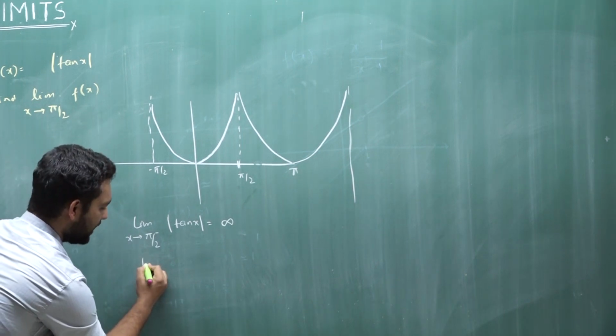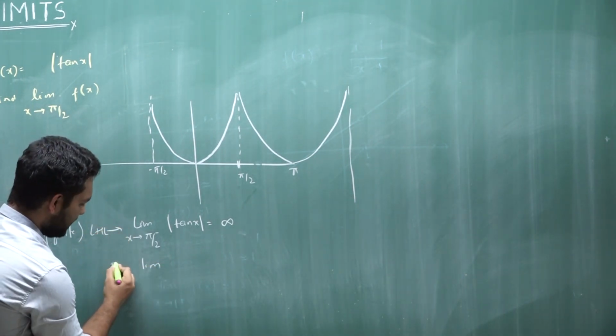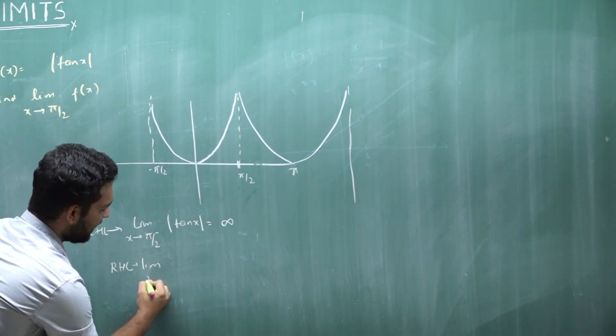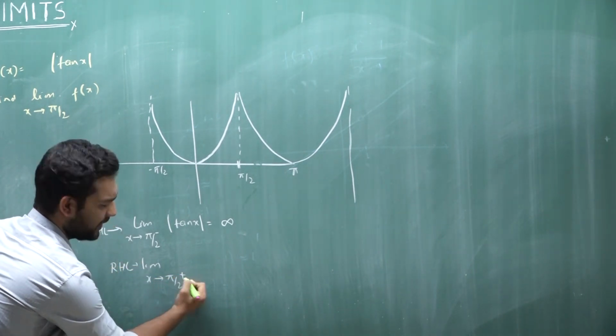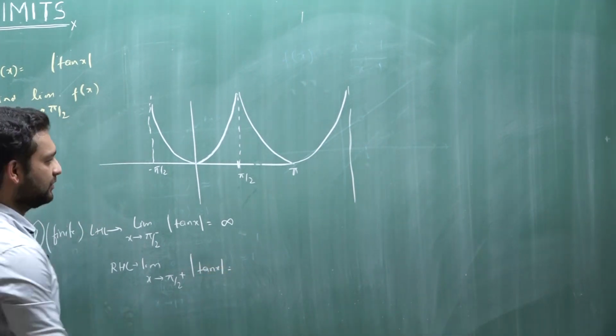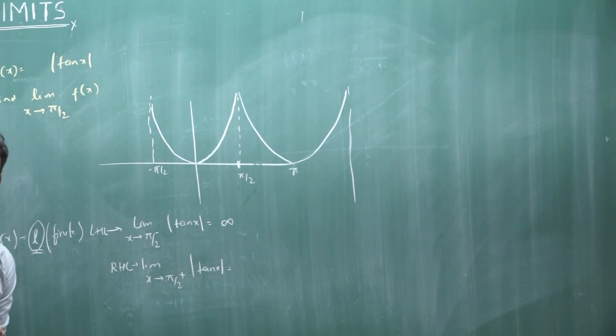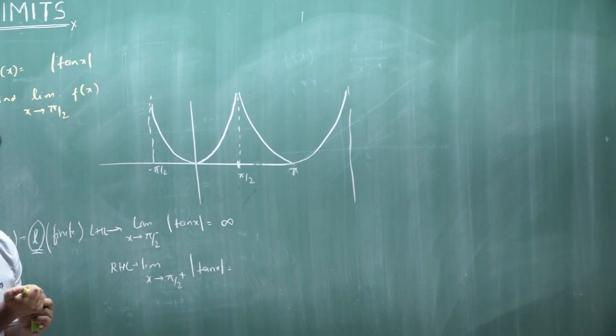This was your left hand limit. Again, if we look at the right hand limit, it will be limit x tending to pi by 2 plus mod of 10x. Now here we look for a value which is approximately equal to pi by 2 but just towards the right of pi by 2.